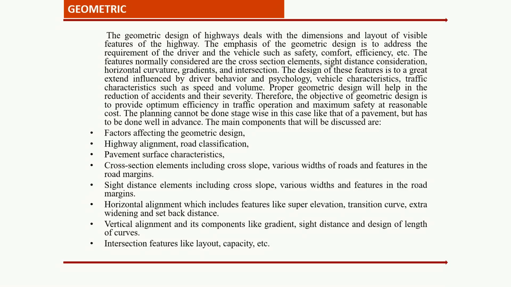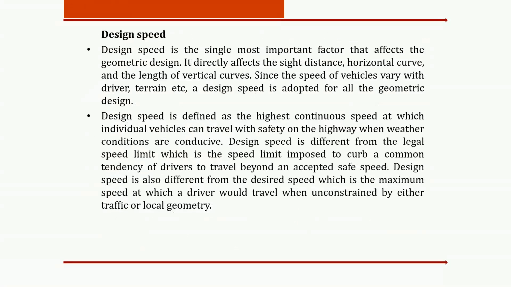So all these things are very important and these factors are affecting the geometric design. If we are using all these factors in a proper manner, we will get the proper geometric design, and this way we can reduce the various types of accident.